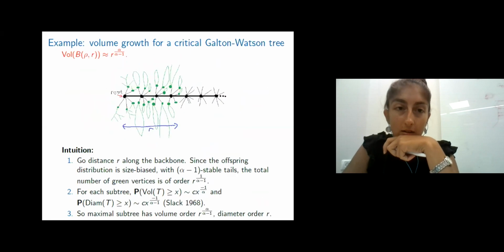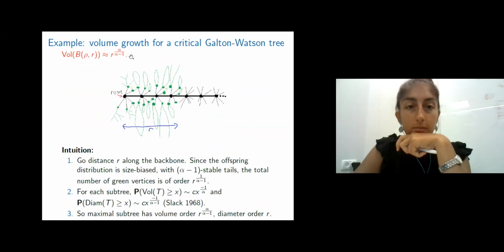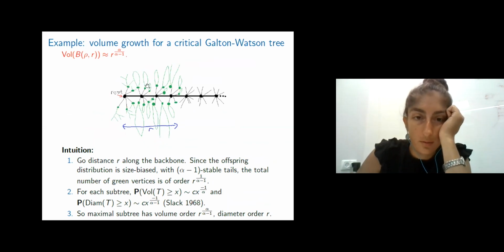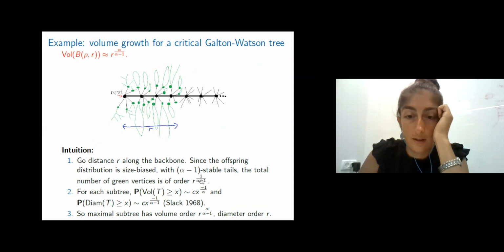So in the tree, the alpha minus 1 is coming from the fact that the number of these, if you go distance r, is r to the 1 over alpha minus 1. And then the alpha is coming from the fact that you have this alpha here on the volume tails.